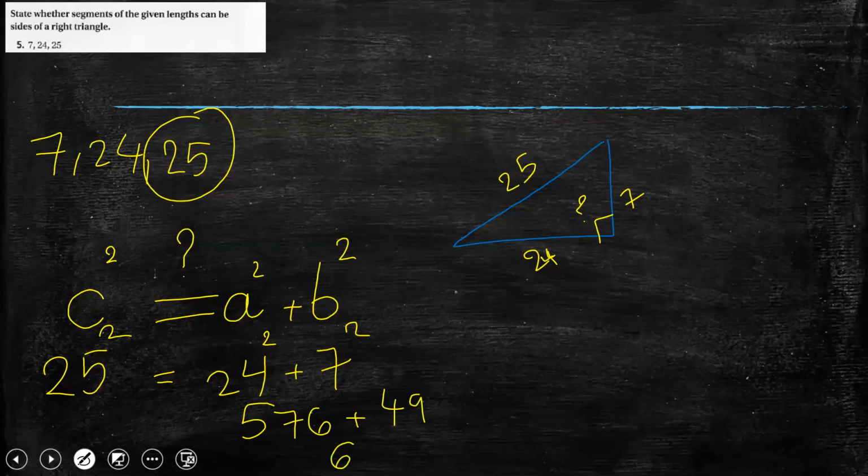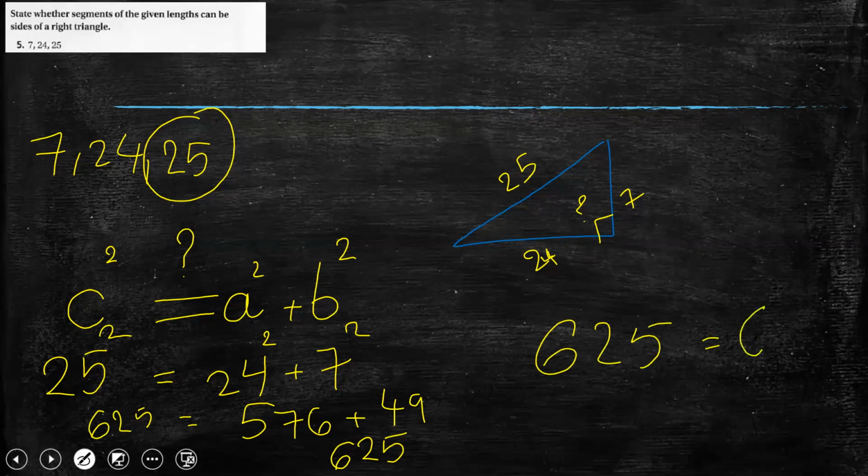When you add them, they are 625. And 25 squared is 625. So as you see here, is 625, which is 25 squared, equal to 576 plus 49? Yes. Since they are equal, since c squared equals a squared plus b squared, this means the triangle here is right.